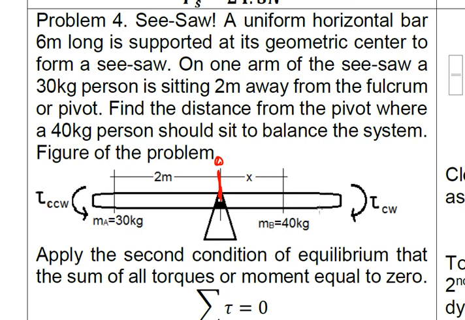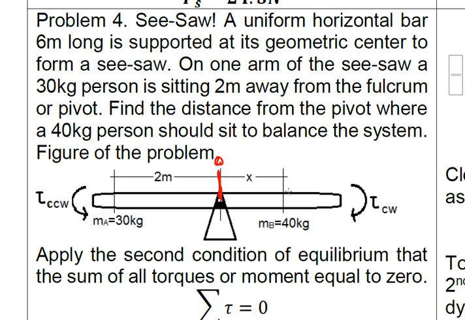So if you want to balance the system or the seesaw, this 40 kilogram should sit less than 2 meters. Okay, so it should sit less than 2 meters, because if it will sit 2 meters from the fulcrum, this one will have to overturn because there is no balance of torque.